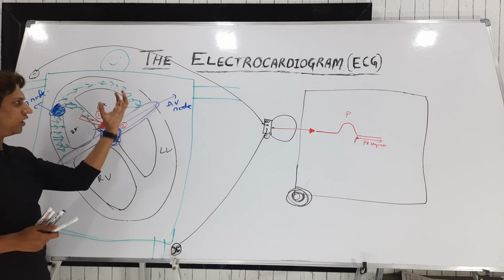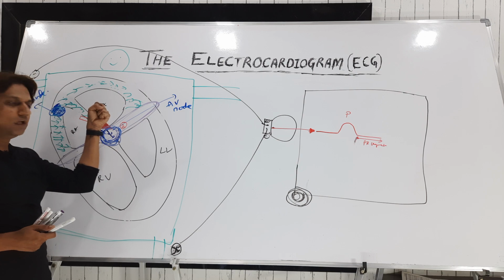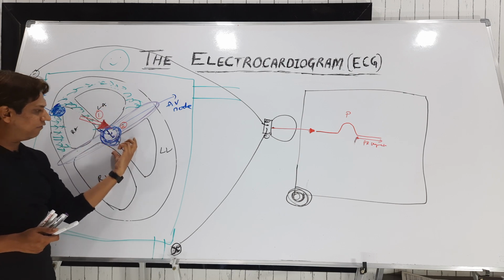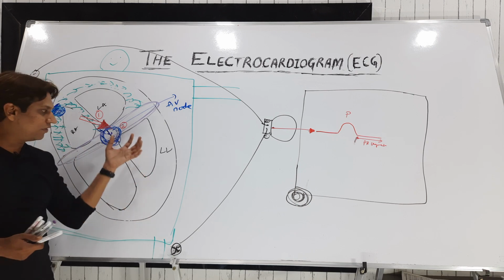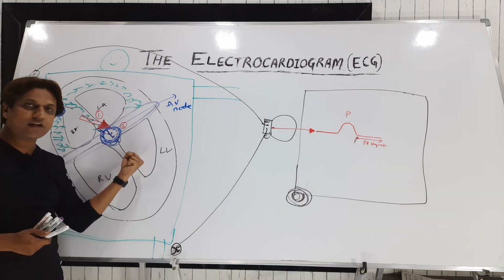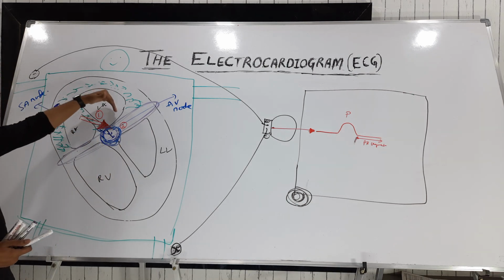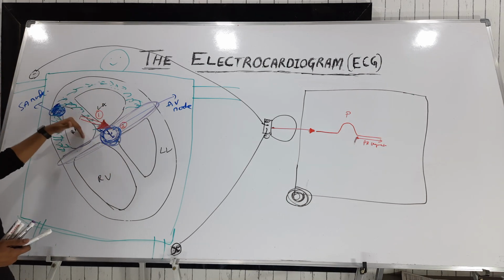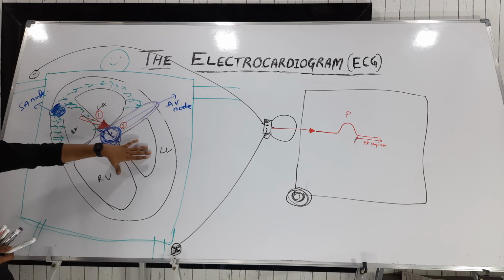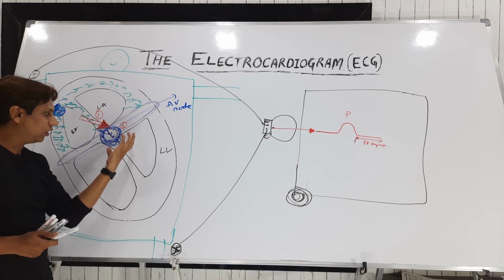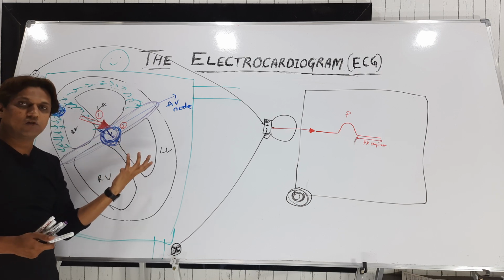When there is a depolarization, the atria will contract. Now if at the same time the ventricular muscle is also depolarized, then the ventricular muscle will also contract at the same time. But when the atria is contracting, the flow of blood is from the atria to the ventricles. If the ventricles are simultaneously contracting, the blood would not get accumulated in the ventricles.